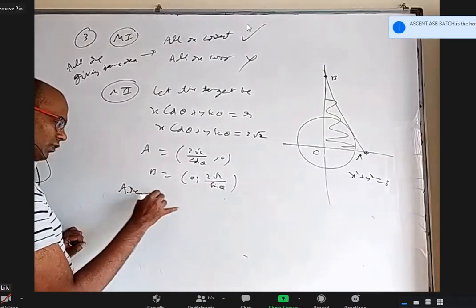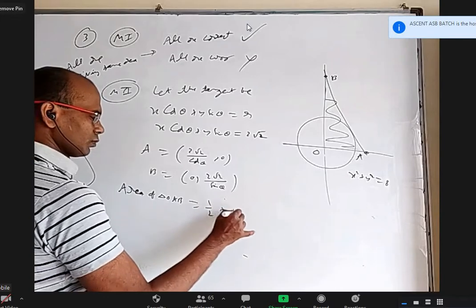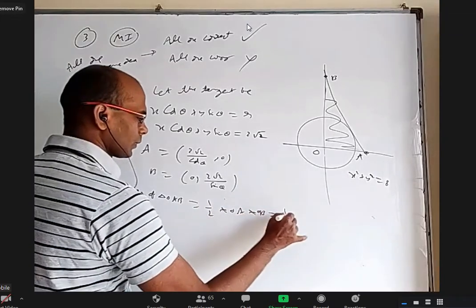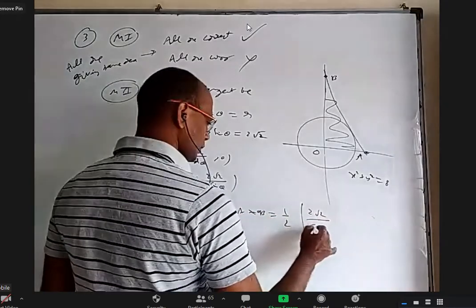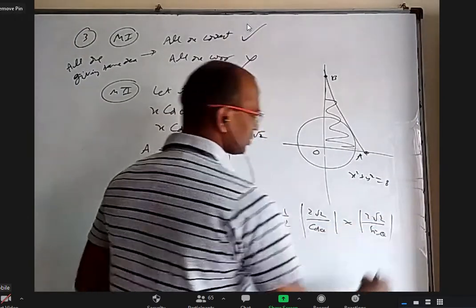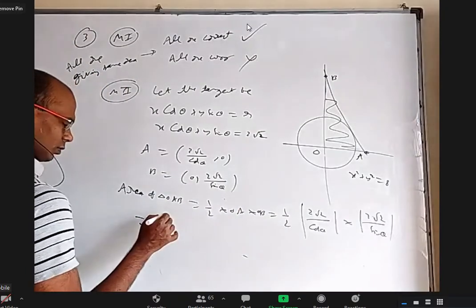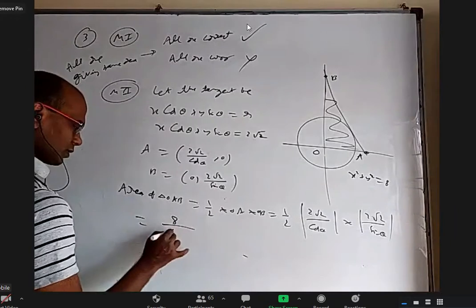Then the area of triangle OAB is half into OA into OB, that is half into base into height: mod 2 root 2 by cos theta into mod 2 root 2 by sin theta. That will be 8 by sin 2 theta.